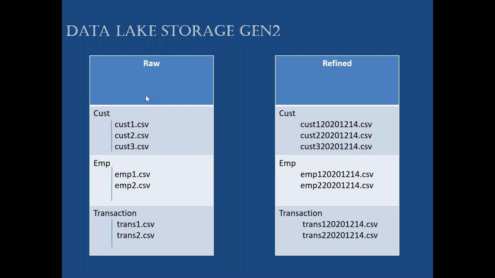Which activity will work? Get metadata, lookup, for each. Finalize please quickly. One by one chocolate packet, who will give? For each activity.